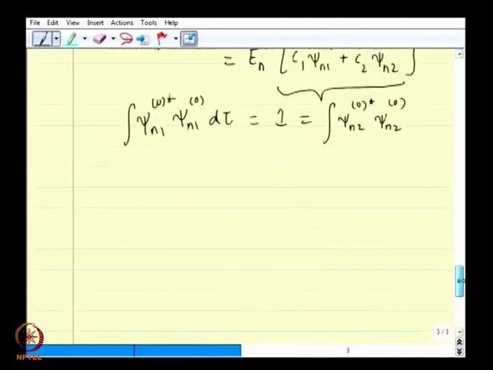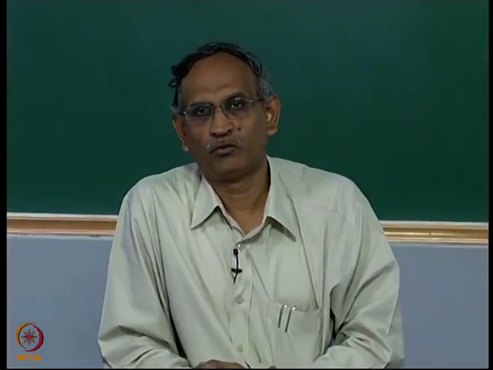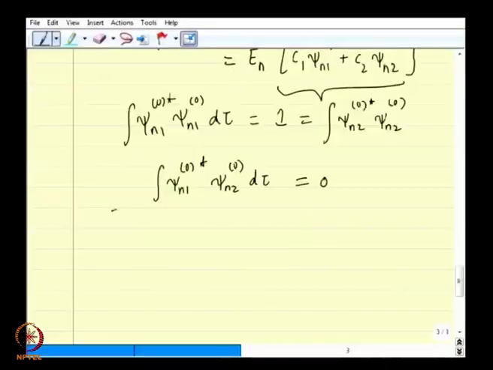In the case that we have been dealing with so far, they are also orthogonal, namely the integral of psi n1 0 star psi n2 0 d tau is 0. If it is not, it is possible to orthogonalize them and take those orthogonal wave functions as our starting point, then any linear combination of those two will also be an eigenfunction. You have realized that.